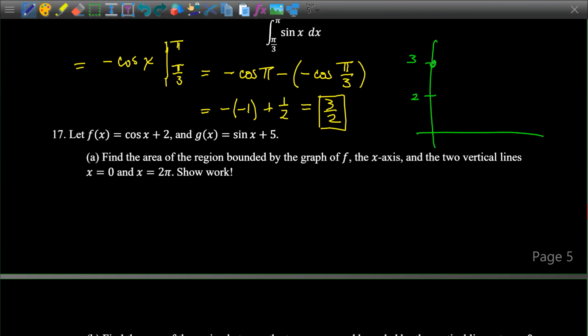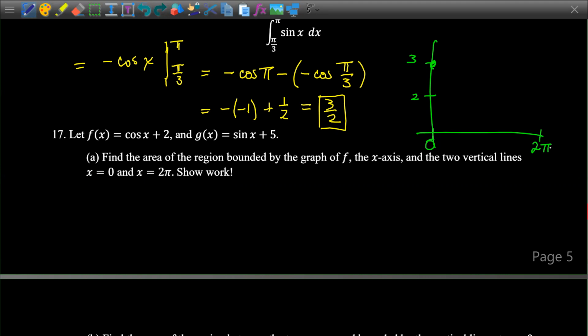So we're here. Let me also address these vertical lines and these bounds. Basically, we're just going to end up integrating from 0 to 2 pi. Those are where the vertical lines are at 0 and 2 pi.